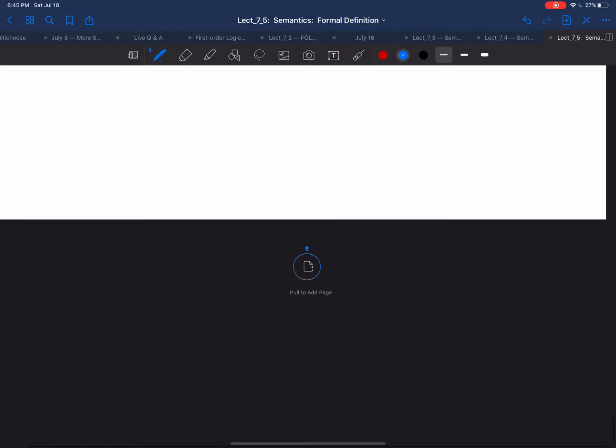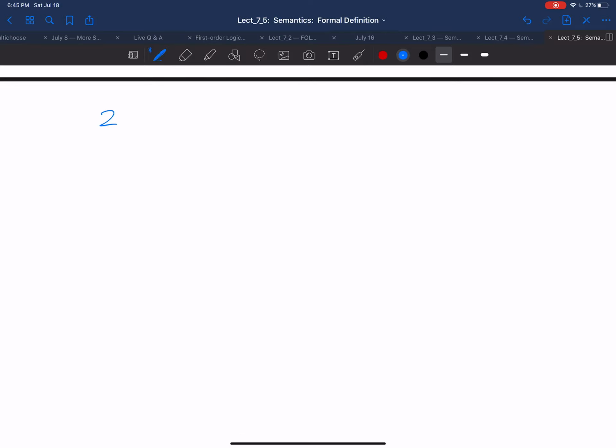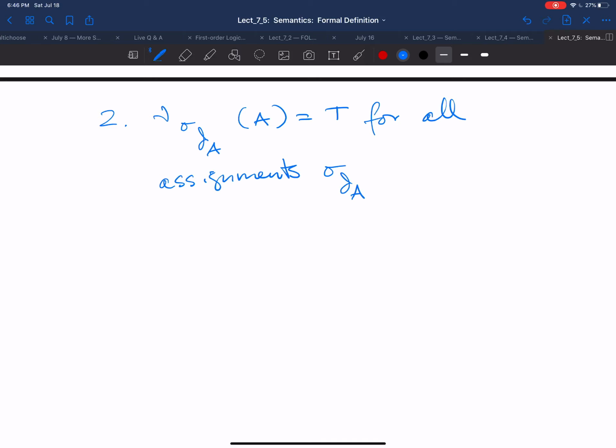Part two is a similar statement for the universal closure. So if V sub sigma I A of A is true for all assignments sigma sub I sub A, well, that is the case if and only if, under the interpretation I sub A, the universal closure of the formula A is true.